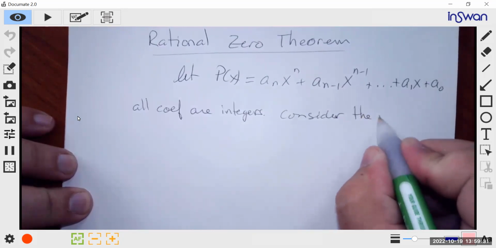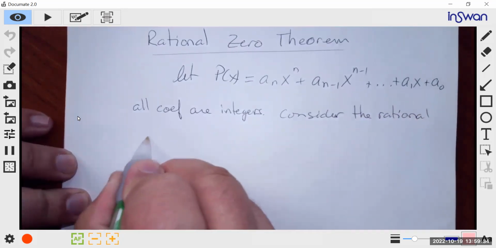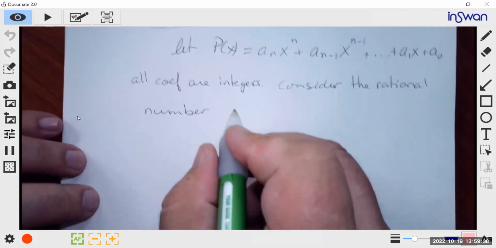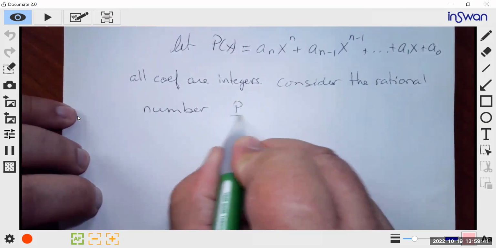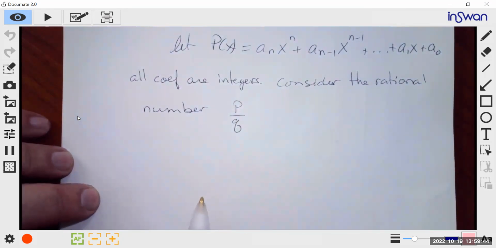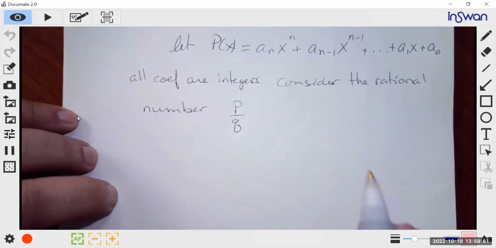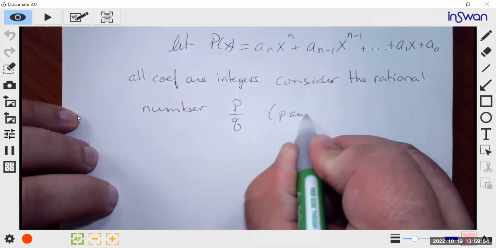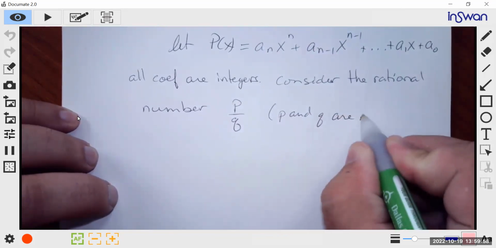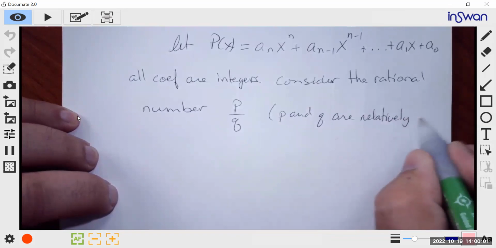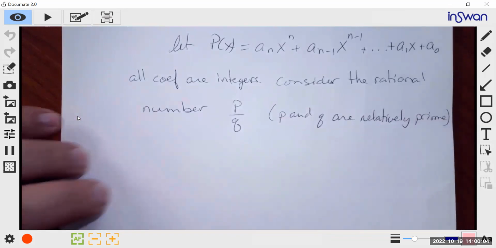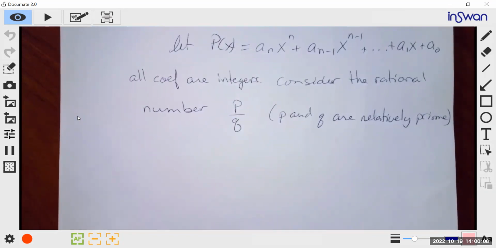Consider the rational number p over q. It's small p, not capital P. Where p and q are relatively prime, and they have nothing in common.